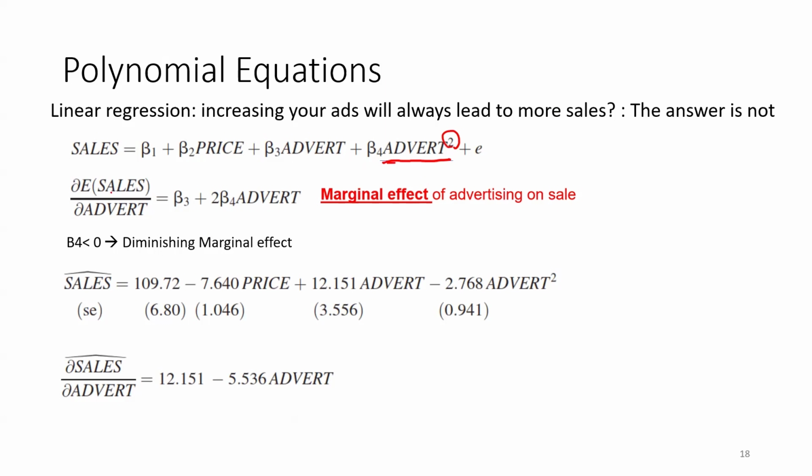So the partial derivative of sale with respect to adverse is beta 3 plus 2 beta 4 adverse. And in economic theory, they use this word: this is the marginal effect of advertising on sale.